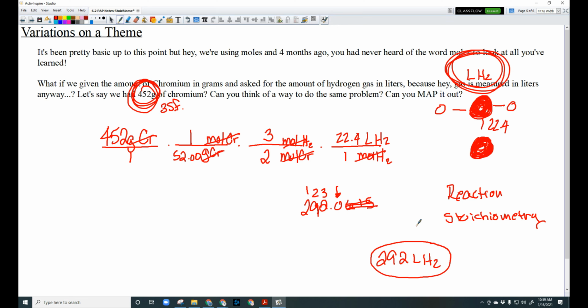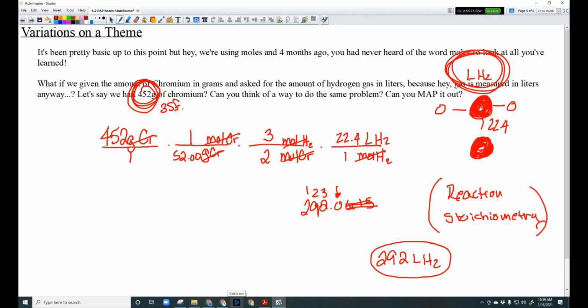So for this reaction, if we're given 452 grams of chromium metal and we had excess hydrochloric acid, like all the hydrochloric acid we're going to need, we can produce 292 liters of hydrogen. Okay, reaction stoichiometry. That's all this is.